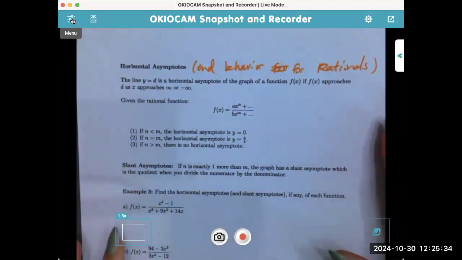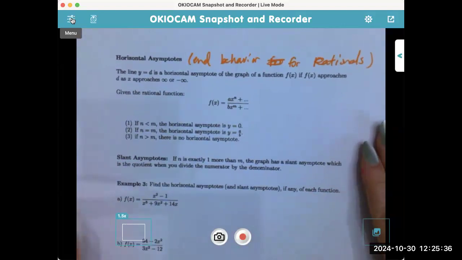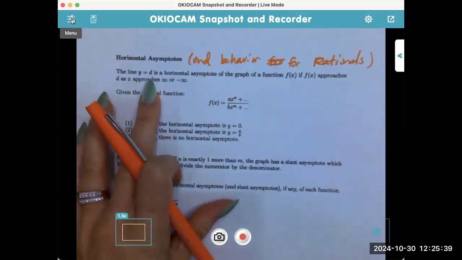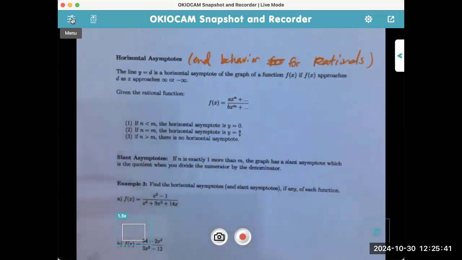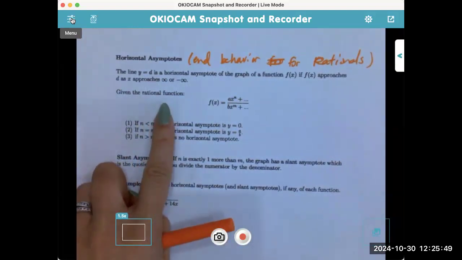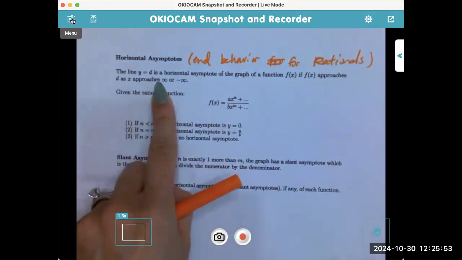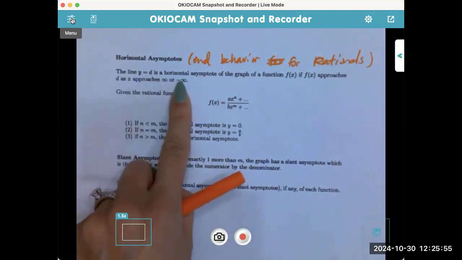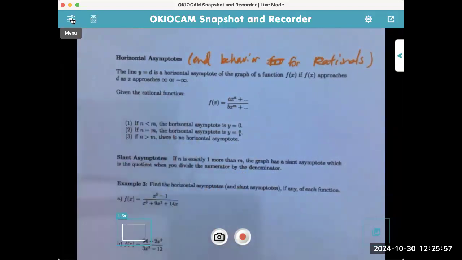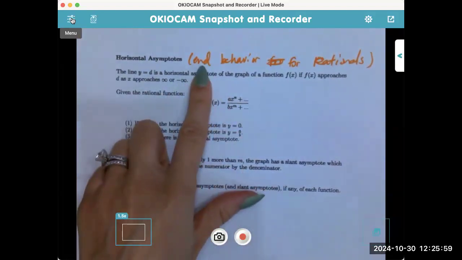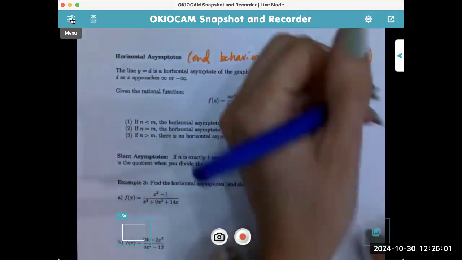If the line y equaling d is the horizontal asymptote of the graph of the function f of x, then f of x approaches d as x approaches positive or negative infinity. This just says as x goes way, way right, and as x goes way, way left. So what is happening at the end?